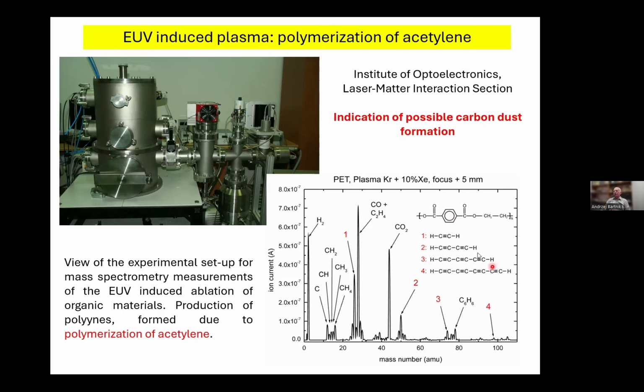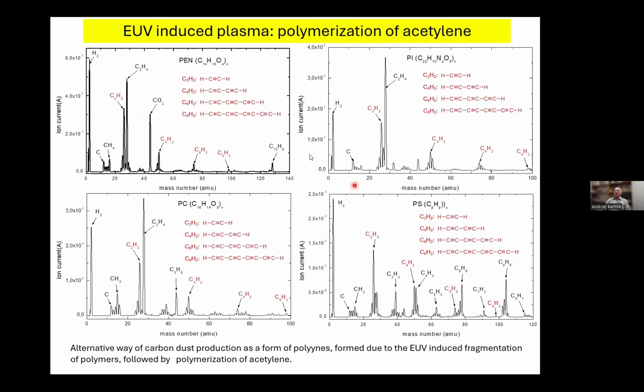It means that the reactions in this low temperature plasma formed something similar to this interstellar dust. And using a variety of polymers, we obtained such emission of such molecules in almost every case.